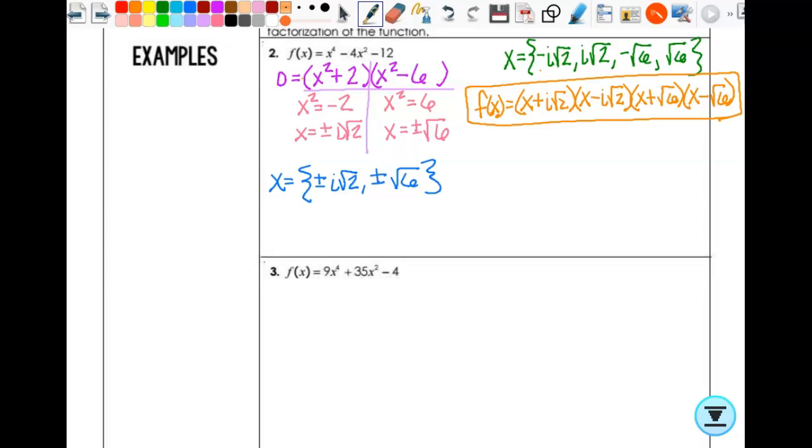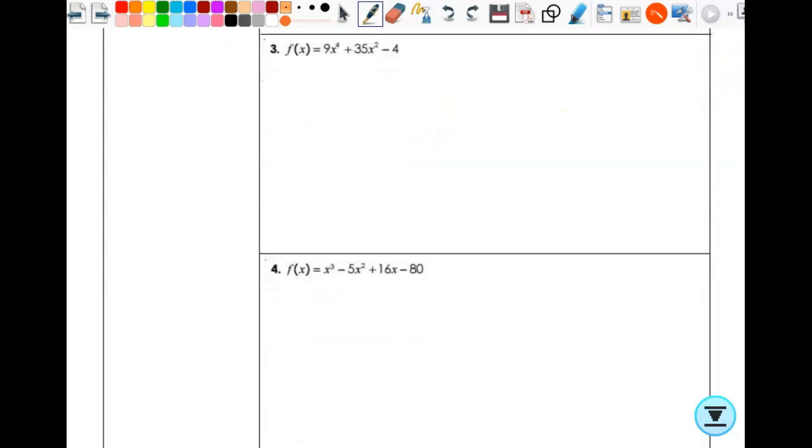All right, let's look at number 3. So we're going to factor 9 times a negative 4, negative 36. So 0 equals 9x to the 4th, and then two numbers that multiply to give me negative 36. I'll have a positive 9x squared minus 4x squared minus 4.